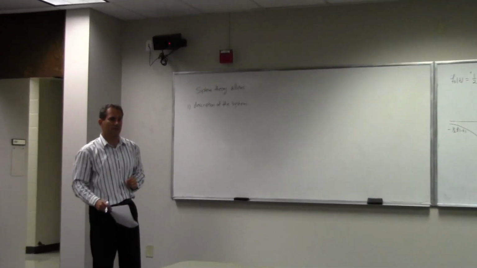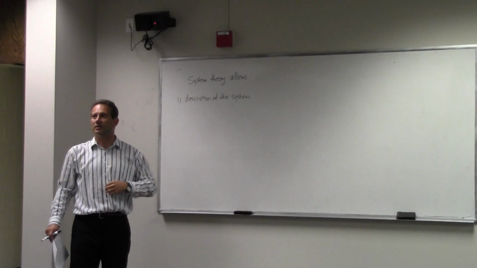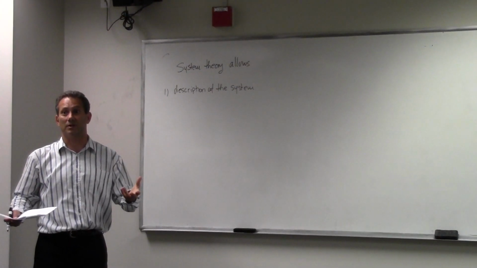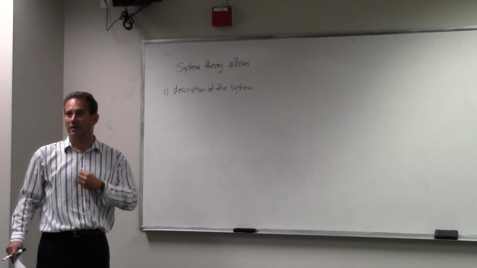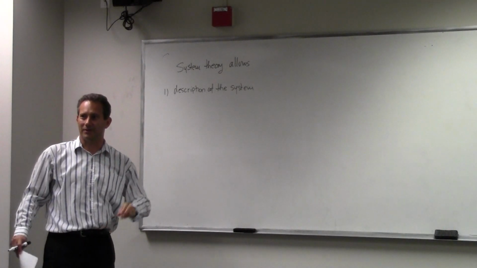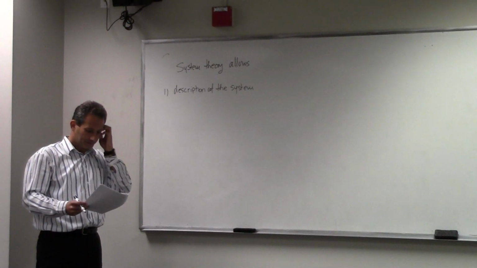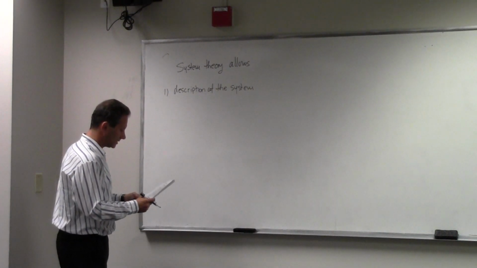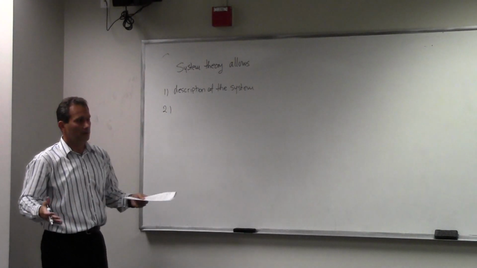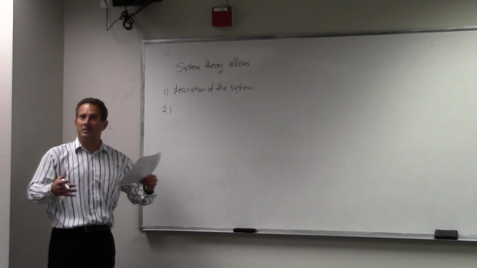We need to describe systems. And you will see that, like everything else in this world, it's going to be described through some sort of differential equations, because our world is guided by differential equations for the most part, until you get really subatomic and really small. So description of the system, that's the first thing. The second thing, now that we have described the system, is calculation of the outputs given a set of inputs.